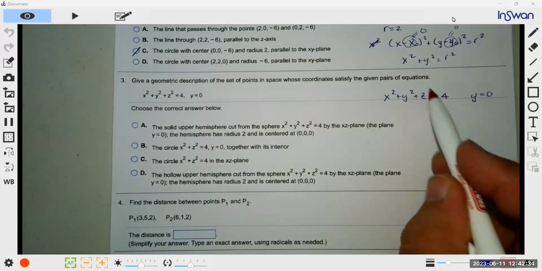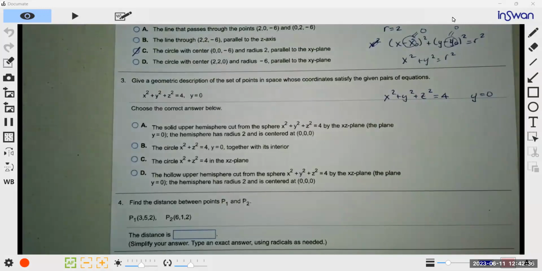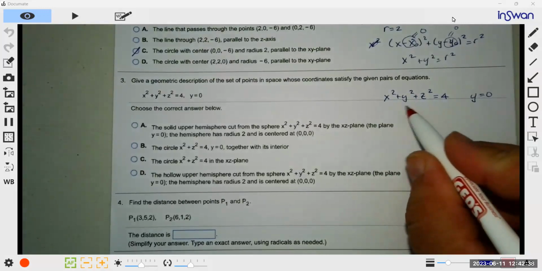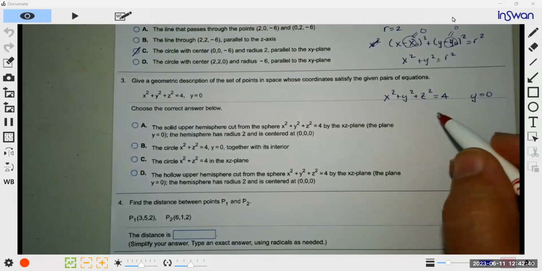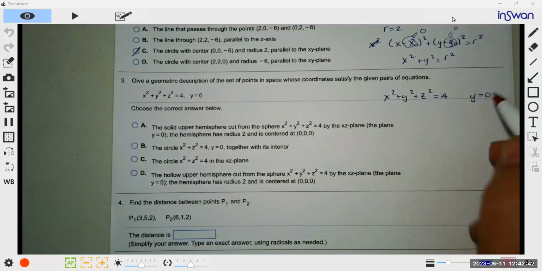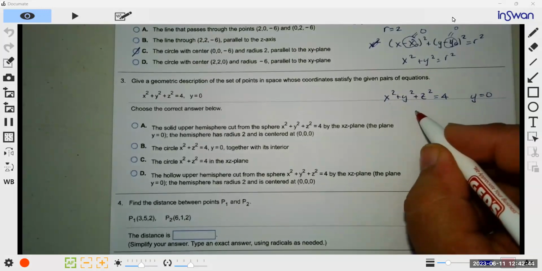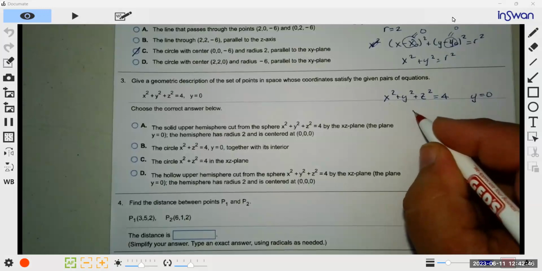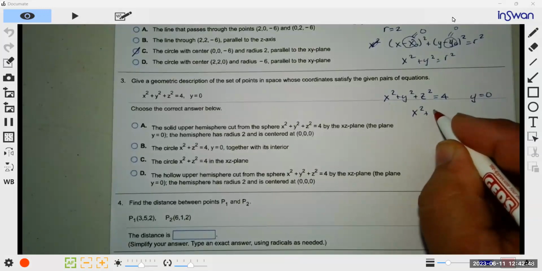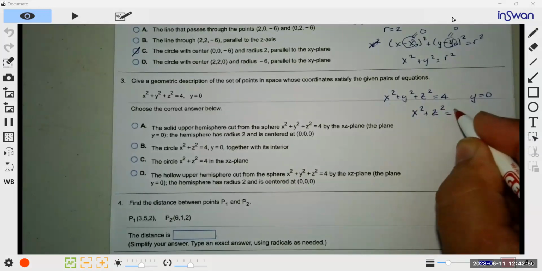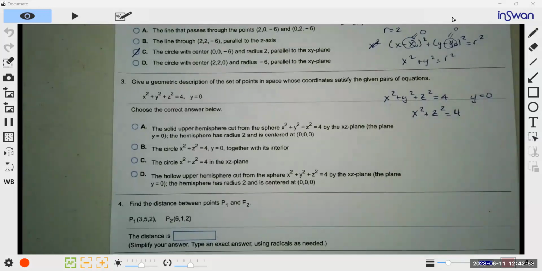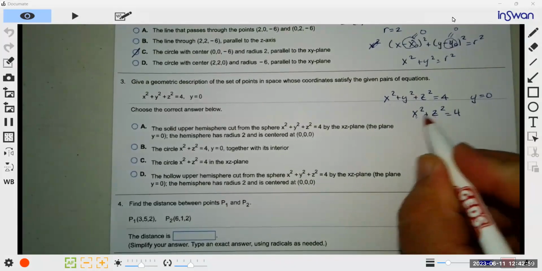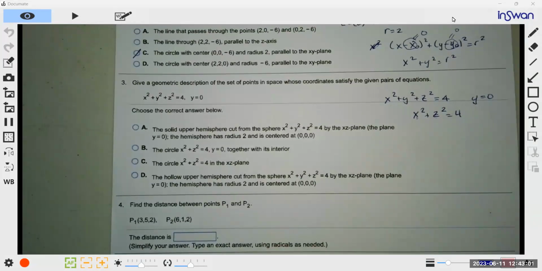Here's a circle, but then it also rotates around the z-axis, so it's a sphere, centered at 0, 0, 0. But now saying that y is equal to 0, we have this equation. So it's a circle on the xz plane.